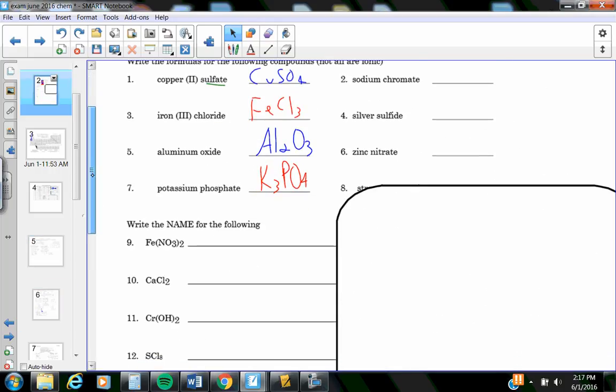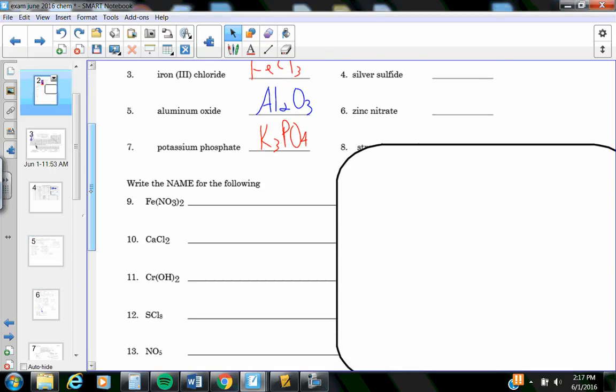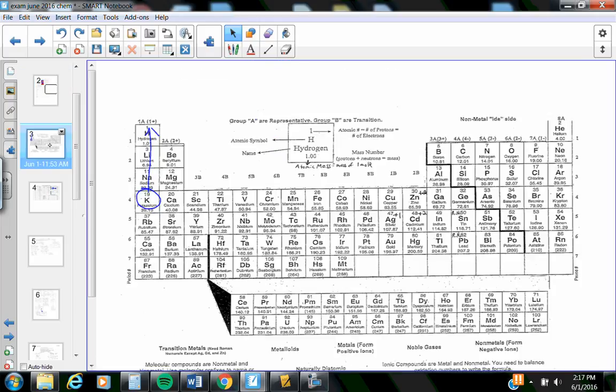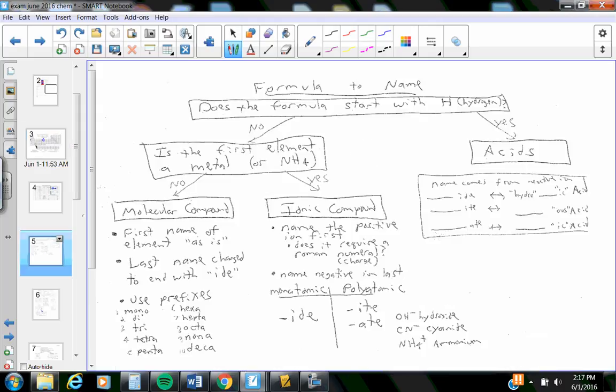First one we're dealing with, Fe. What is Fe? You find it up here. There it is. It's a metal. Since it's a metal, it's an ionic compound. So the next thing we have to ask ourselves is, we're going to name the positive ion first. It's called iron, but does it require a Roman numeral or charge?